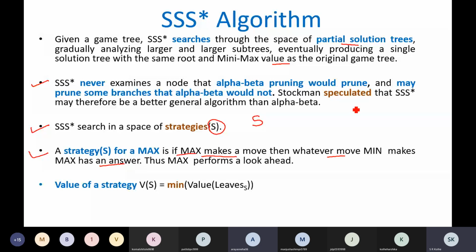We know that, suppose this is your game tree, a simple part of a game tree, we have alternate max and min.